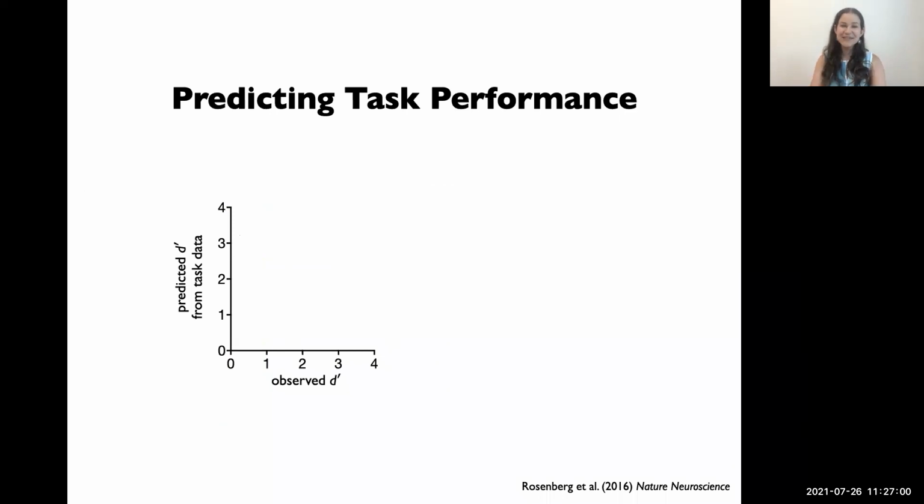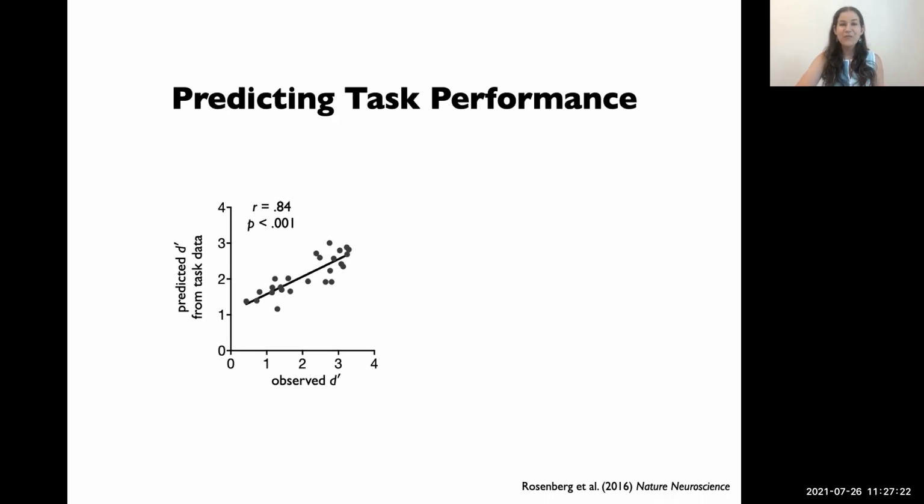So on the x-axis is an individual's observed D prime values. So higher values reflect better performance on that continuous performance task. Now on the y-axis is predicted D prime values from functional connectivity data observed as the person was performing the task.